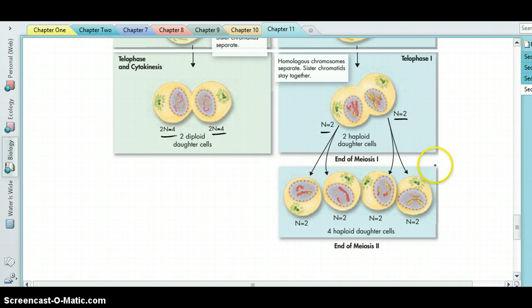So then we go through meiosis 2, which, like I said, is a lot like mitosis, where we take these two cells we've made and split them into four, and they are each haploid cells. So yes, we produce four haploid cells by the end of meiosis.